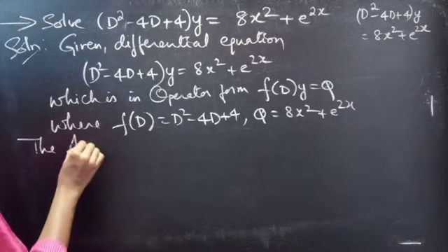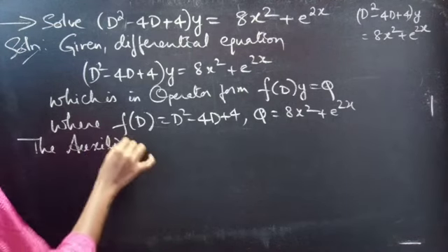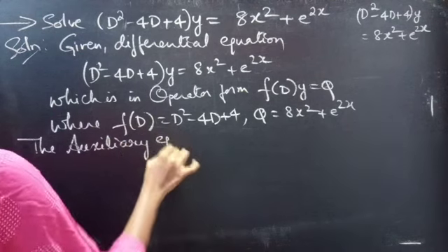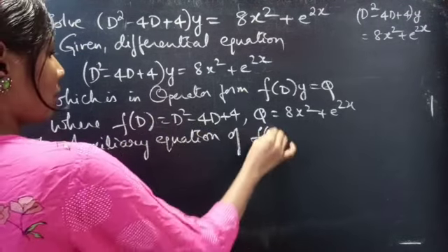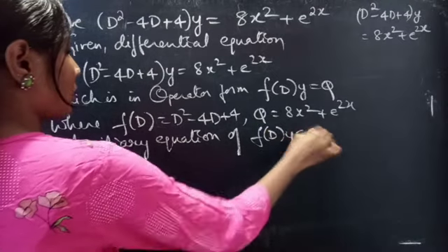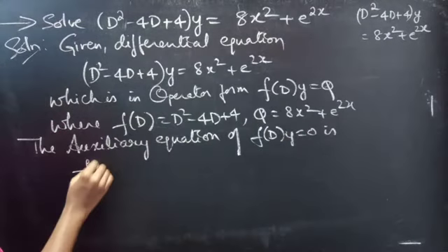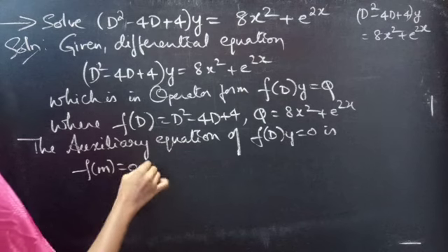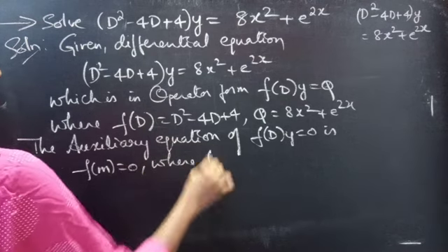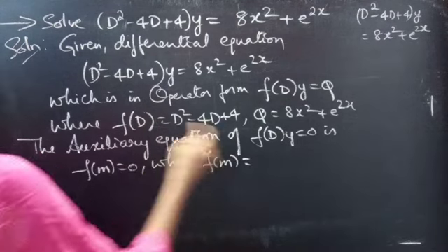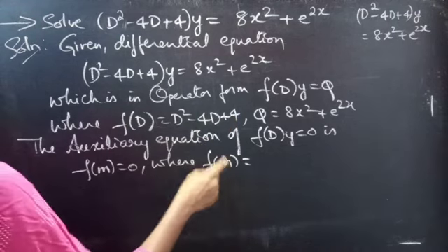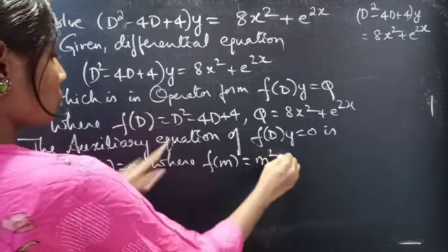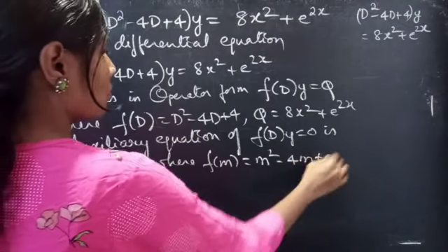We know that the auxiliary equation of F of D into y equals 0 is F of m equals 0, where F of m equals, we have F of D as D square minus 4D plus 4. Let's replace the differential operator by m, so that we get F of m equals m square minus 4m plus 4.